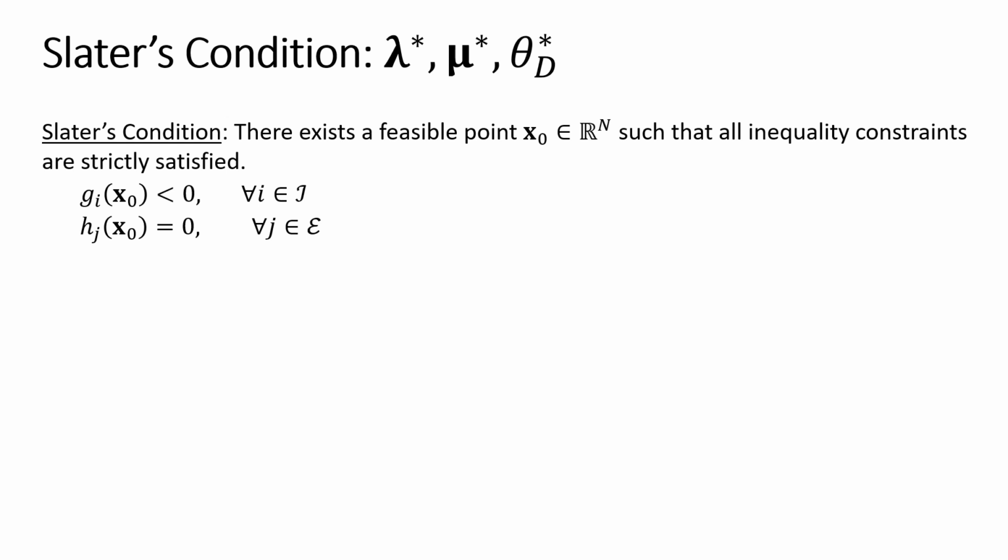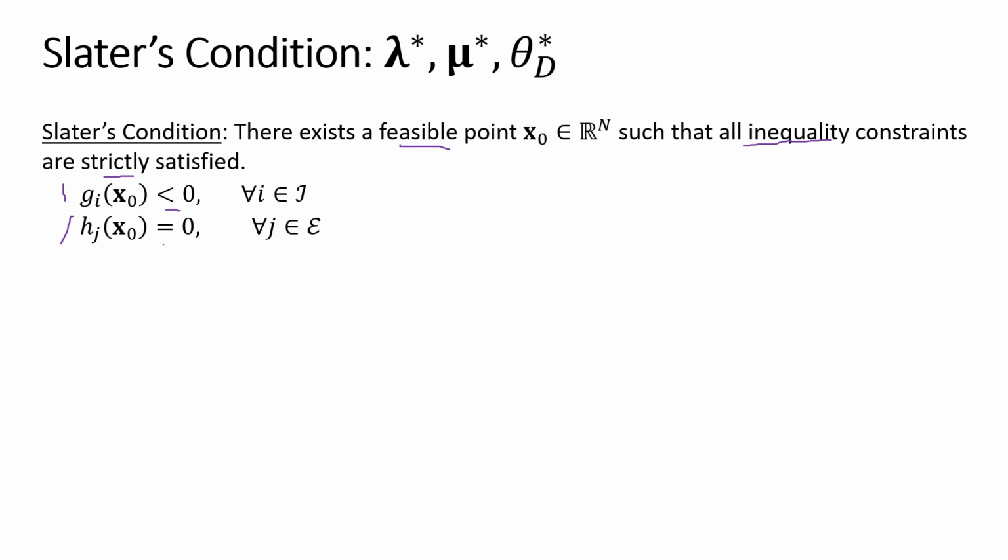Slater's condition. This is an example of a constraint qualification. The condition is that there exists a feasible point x0 in R^n such that all inequality constraints are strictly satisfied. Therefore, g_i of x0 are all strictly less than 0. h_j of x0 is equal to 0 because x0 is a feasible point.